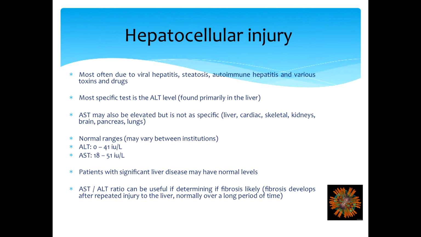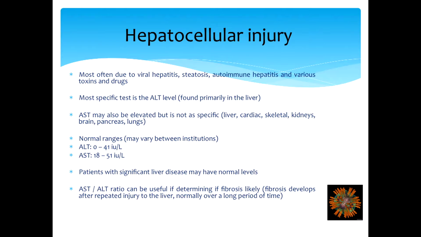So if I look at injury first directly to the liver cells, some of the common causes of this injury are things like viral hepatitis, steatosis or steatohepatitis, so this is fat causing inflammation within the liver, autoimmune liver disease, which we see, and various toxins and drugs as well. The most specific test in these situations is the ALT, because this is found primarily in the liver. We also use the AST, and this can be elevated, but it's not as specific because you find it elsewhere.